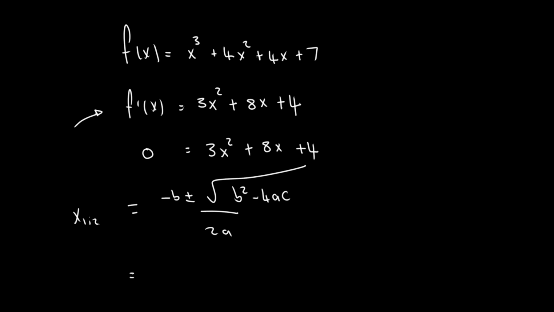This gives me negative 8 plus minus the square root. Let's solve for b squared. That's going to be 64 minus 4 times 4 times 3, which is 16 times 3, 48, and so it's 16.